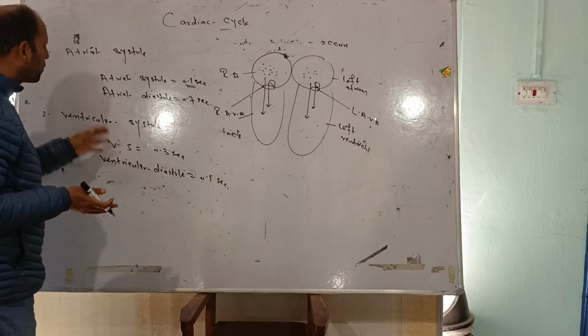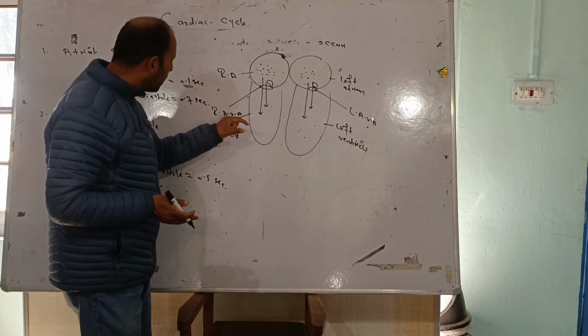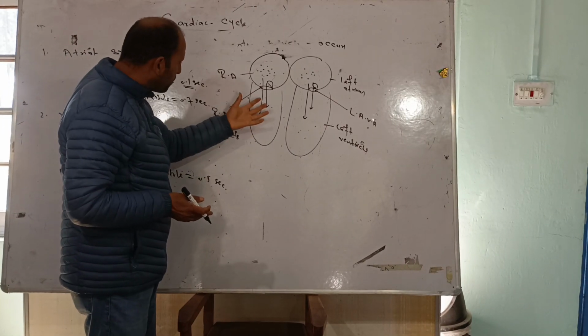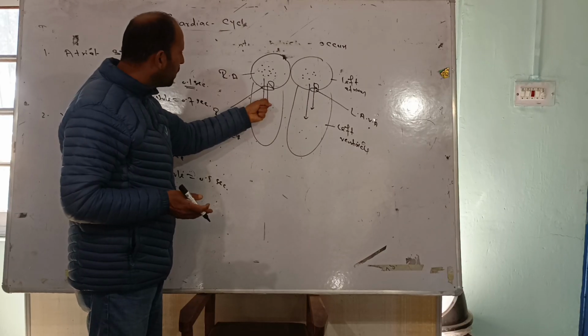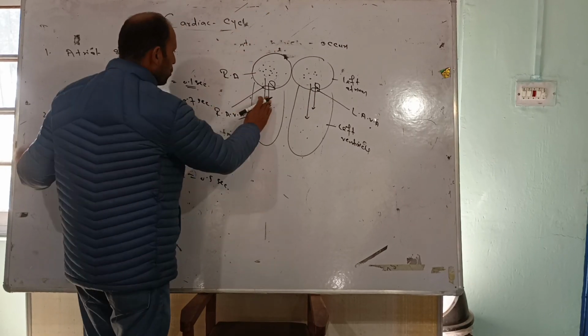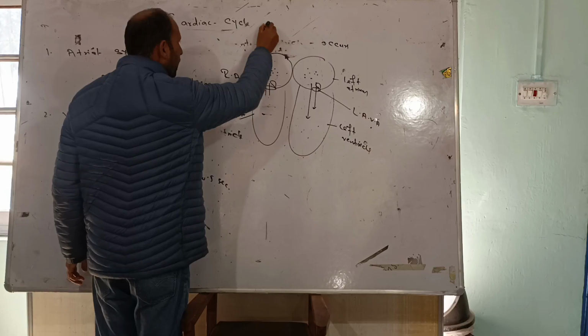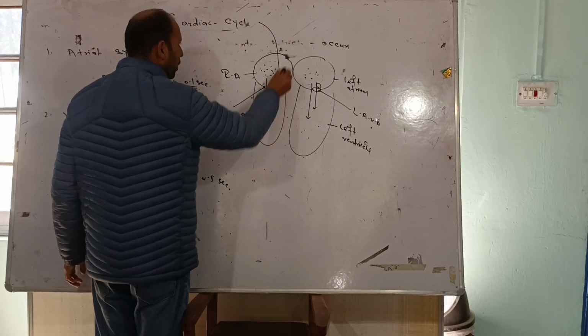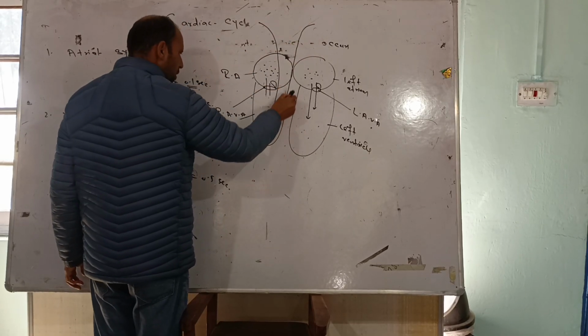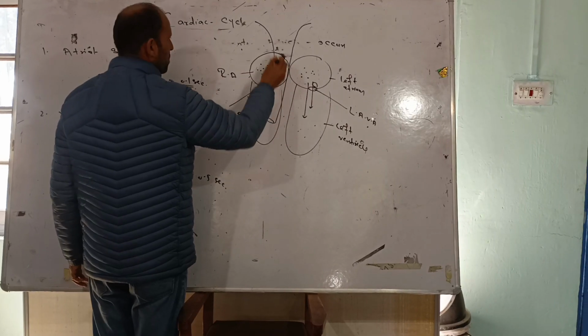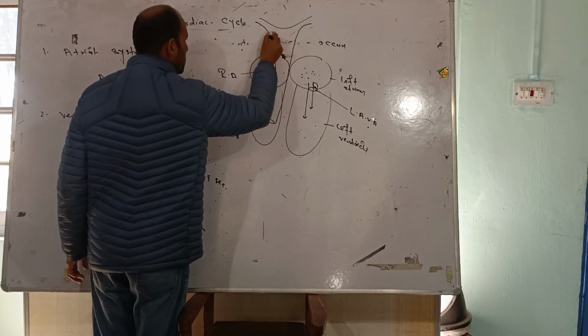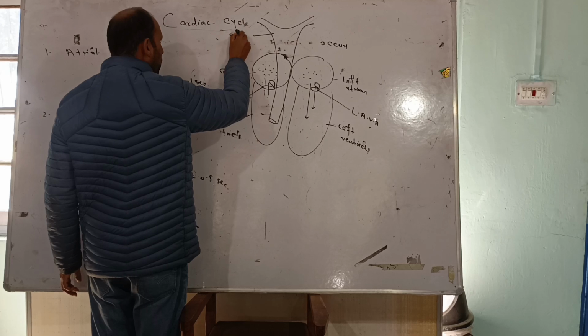What will happen during the ventricular systole? We know that when the right ventricle pumps the deoxygenated blood, it goes to the lungs through an important blood vessel called the pulmonary aorta. From the right ventricle of heart there arises a very important blood vessel called PA, pulmonary aorta.